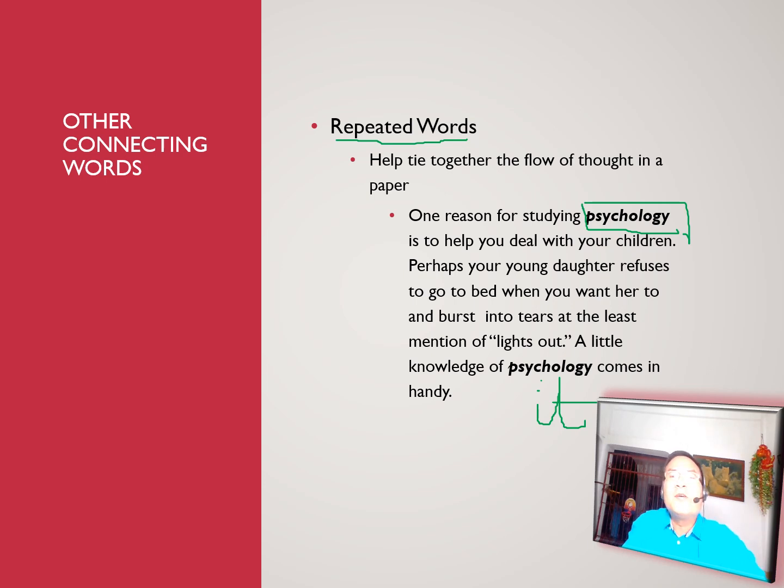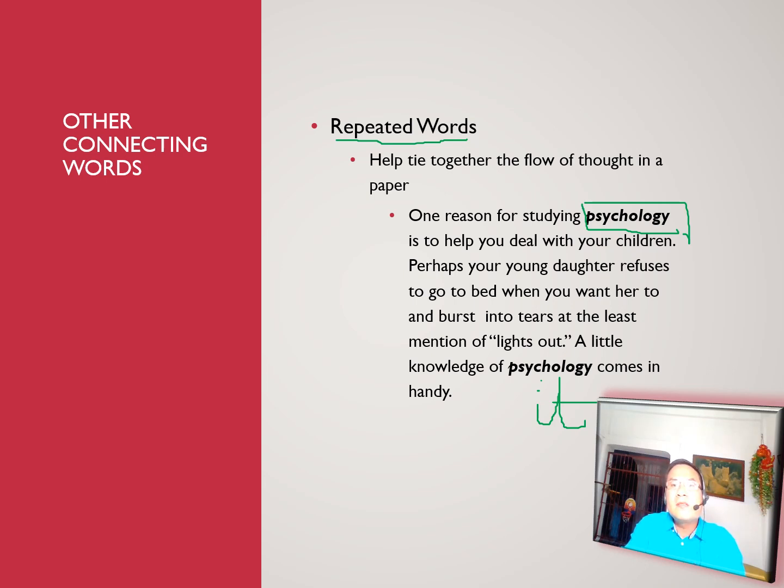Okay, it. In this case, take a look at this. You can say a little knowledge of it, but the problem is what this it may be referring to. Let's say the reader is really not an expert yet.